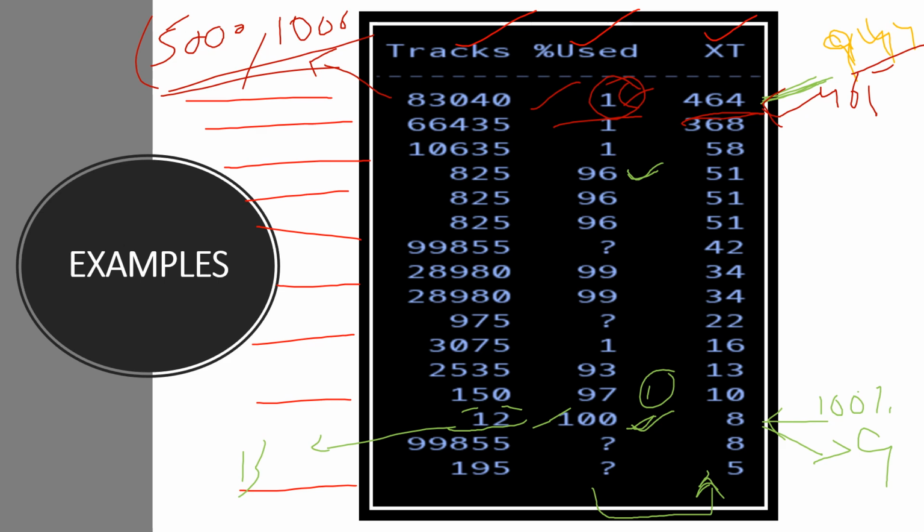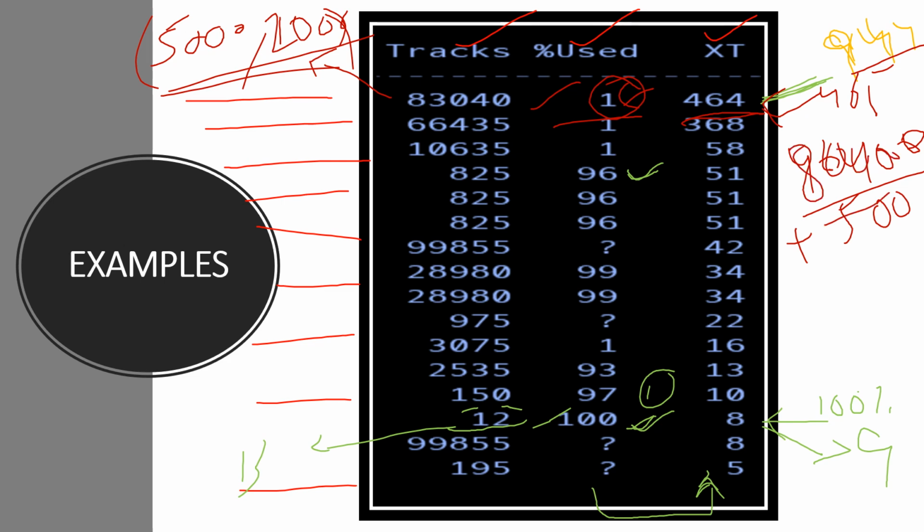How many thousand has it taken? 464. 464 times maybe 100 is 46400. See, 46400 tracks it has taken from secondary, plus the 5000, but it is almost 8000. So the secondary should be 200. If you take secondary as 200, it would be around some 8000. So that would be the space.